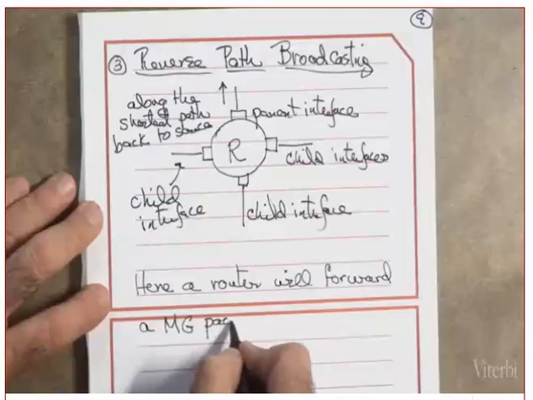Note by the way, once it reaches this, let's assume this one sends it to here, here, and here. Notice, reverse, reverse. Do you understand why they call it reverse? Why do they call it reverse? First of all, it's reverse path broadcasting.